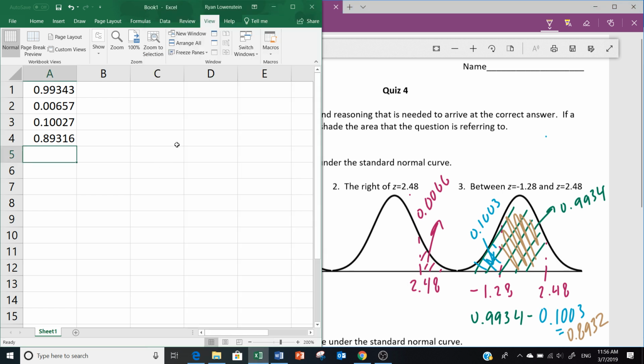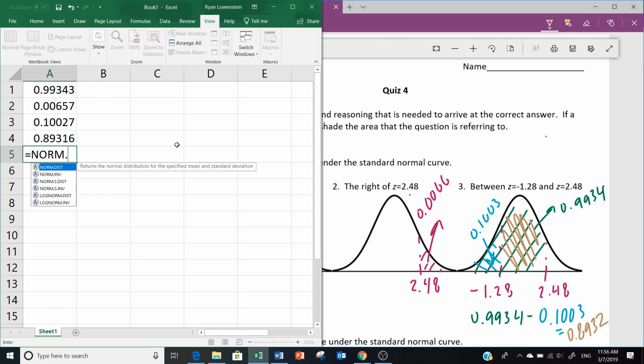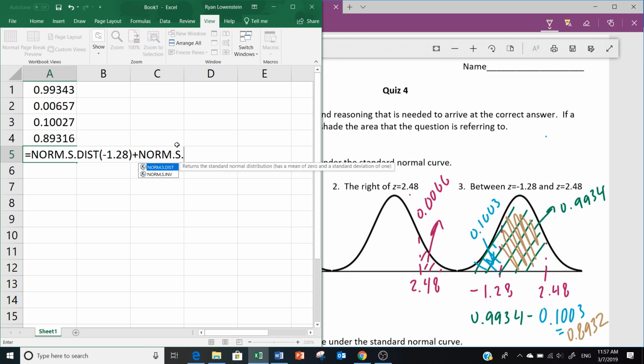Okay, let me think about this. So you did equals NORM.S.DIST of negative 1.28, and then you added I'm supposed to do comma TRUE, and I'm not doing that.